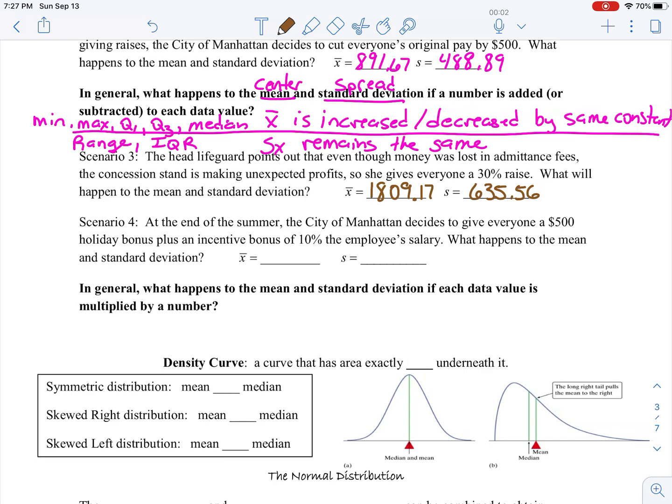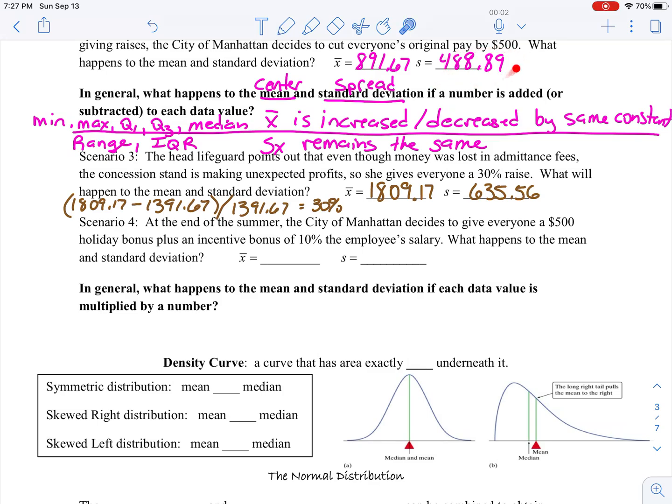So if we look at 1809.17, if we subtract off the original, which was 1391.67, and then we divide by the original of 1391, that's going to give me 30%. So what happened is my mean increased by 30%.